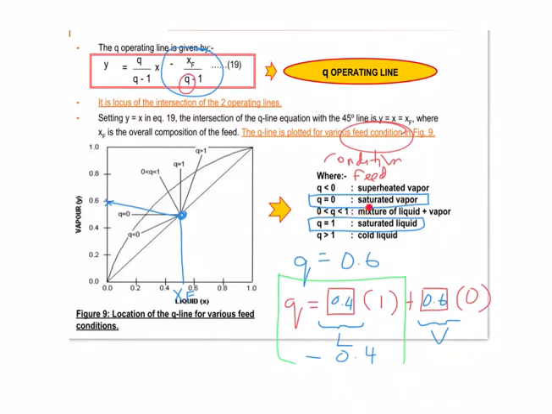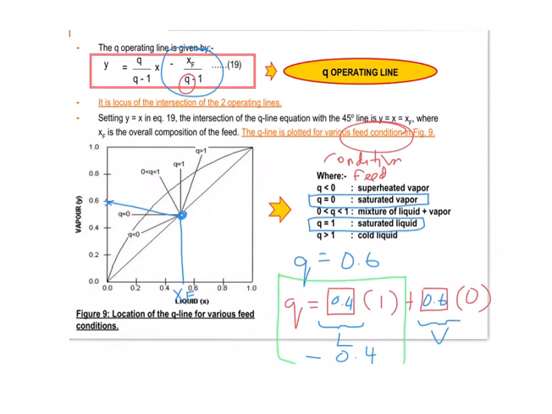If the feed is saturated vapor, q is equal to 0, and q is equal to 1 when your feed is saturated liquid. When q is equal to 1 or q is equal to 0, you don't need this particular equation to draw your Q operating line.